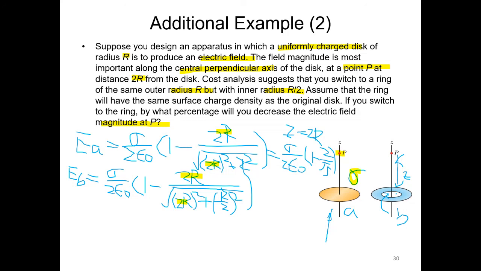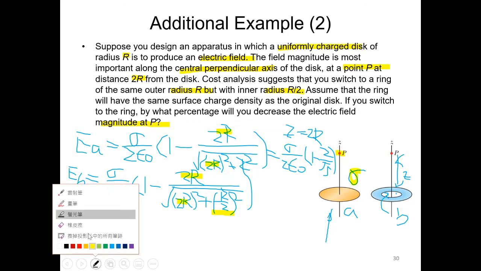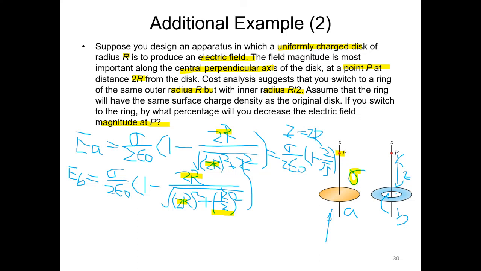The only different part is this one, which is 1/2. And actually it is the radius of the inner circle, inner radius. So for this case, this one should be sigma over 2 epsilon naught times 1 minus 4 over square root of 17.